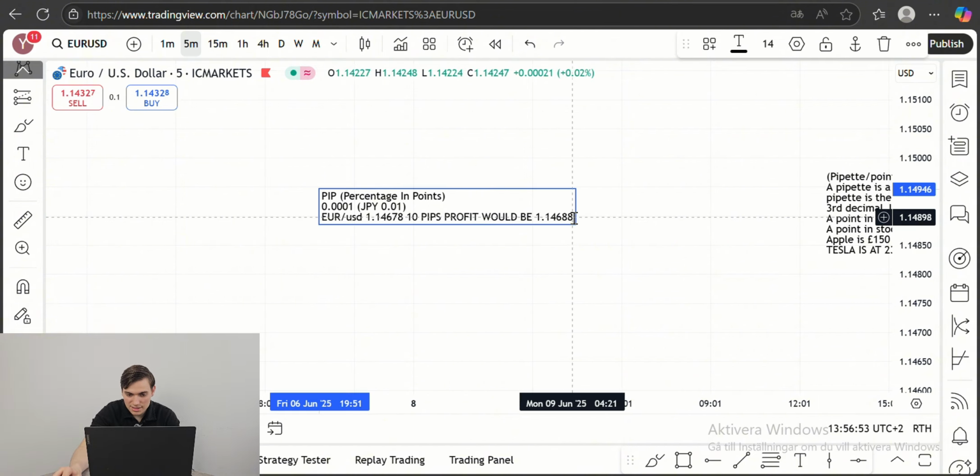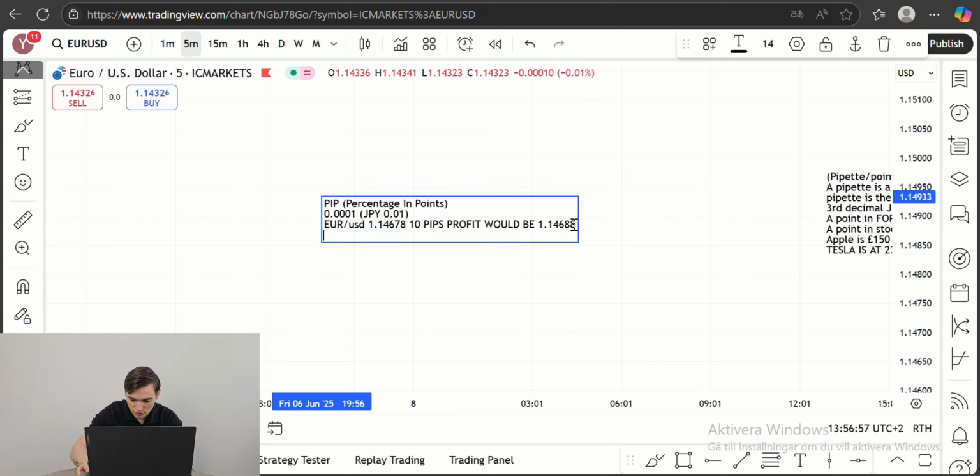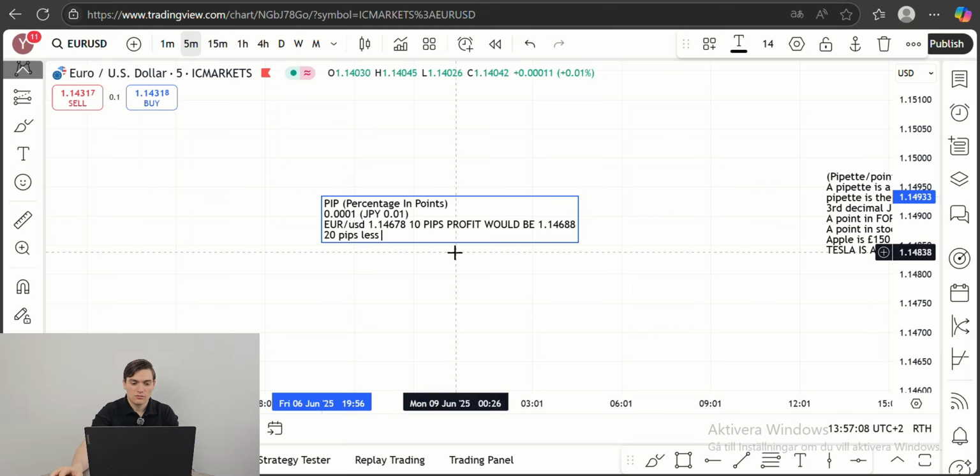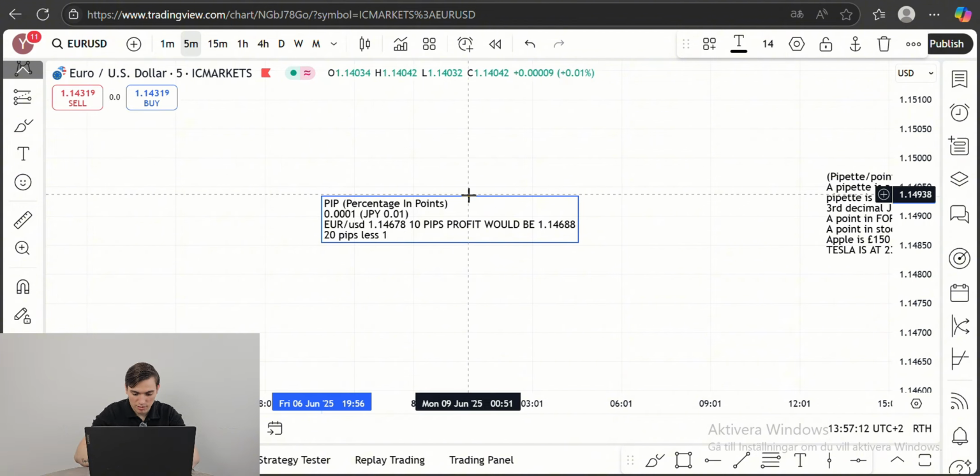On the other hand, let's say that you're gonna go short. And now you lose 20 pips. So 20 pips less. How much would it be then from this starting amount? Then you would have 1.14658.